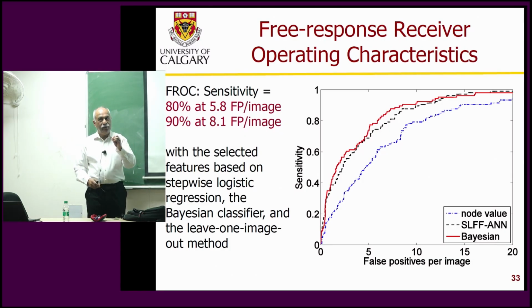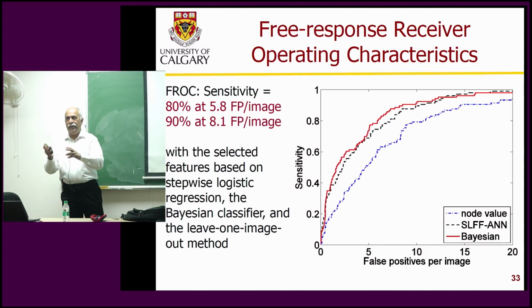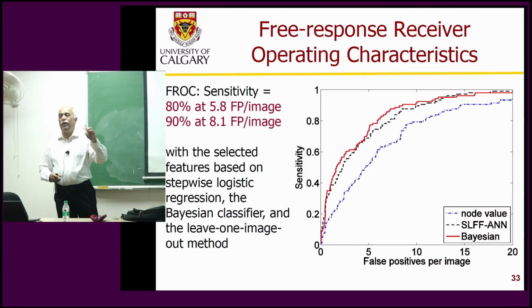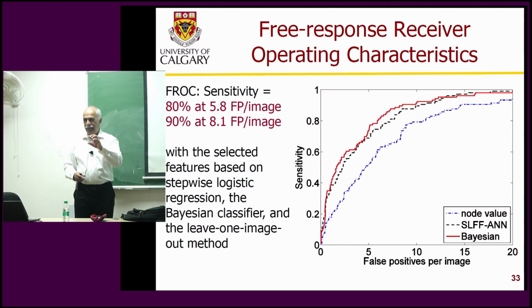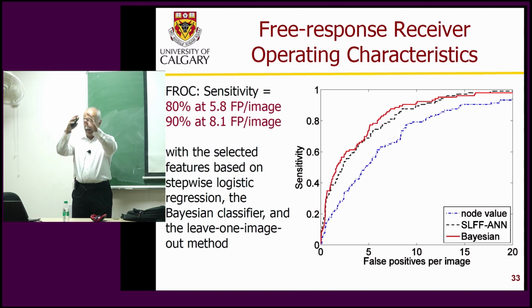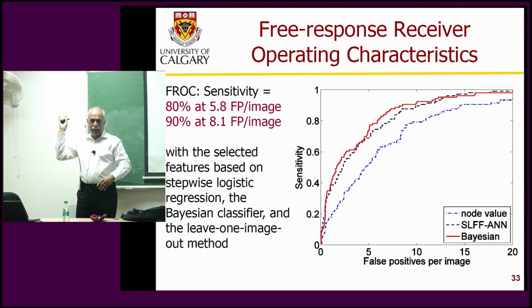But when you train, you are expected to leave the current sample being classified out. But the ROIs belonging to the same image may be related somehow to this ROI that you are classifying. So you say, I'll take away that entire image. All the ROIs of that image should be left out of the training procedure.